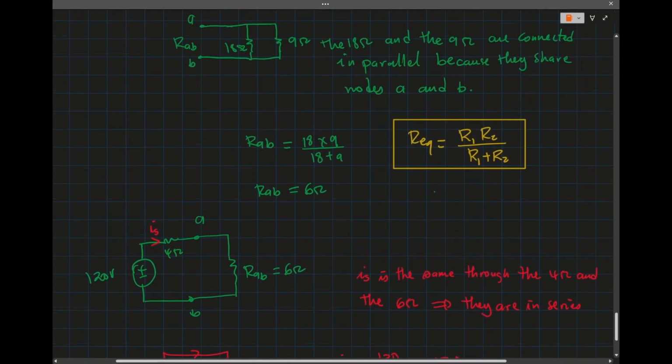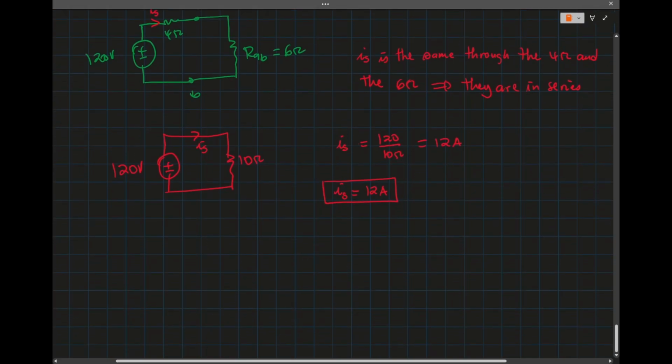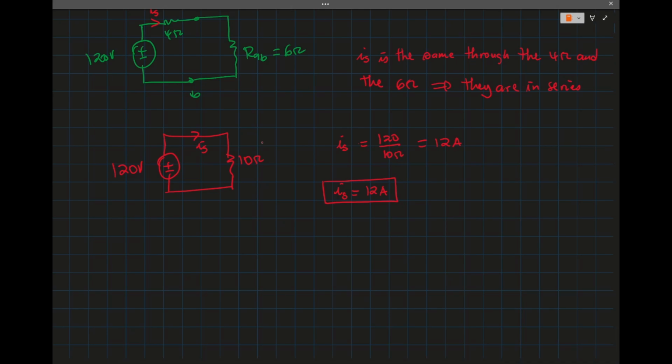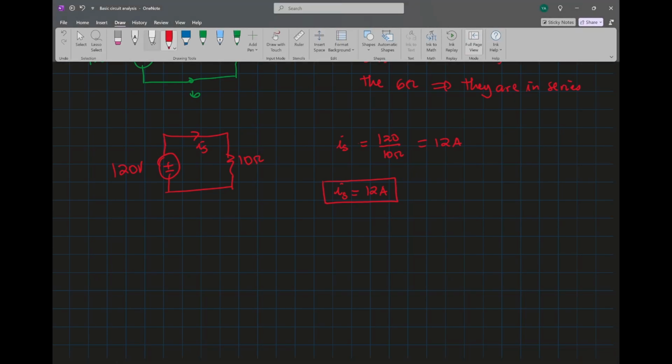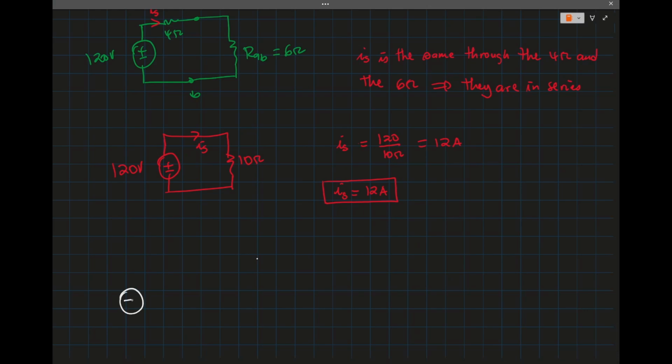So we know the current into that branch, the voltage source branch, which is 12 amps. Now, that means we know the voltage across the 10 ohm. So since we know the current, let me redraw the network. I'm going to work my way up. So let us find the branch currents I1 and I2.